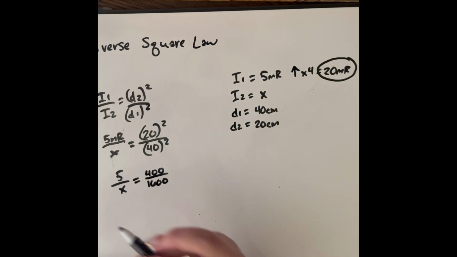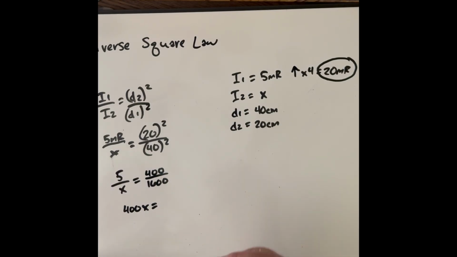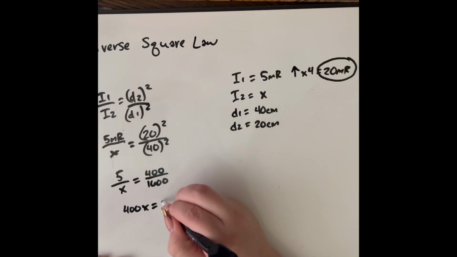So now we cross multiply. We have 400x equals 5 times 1600. So 5 times 16, 4 times 16 is 64, so it should be 8,000, I want to say. Let's double check it though. Is 8,000.